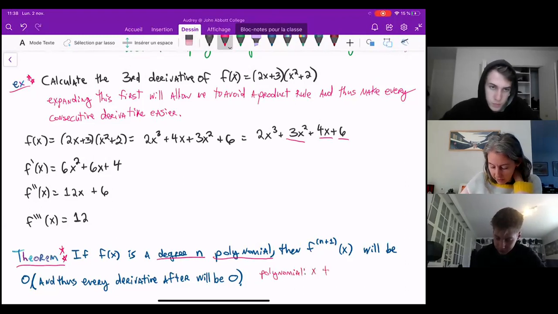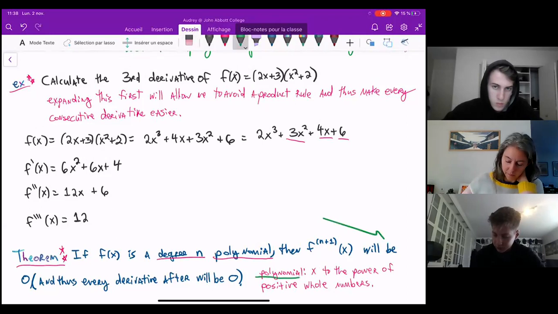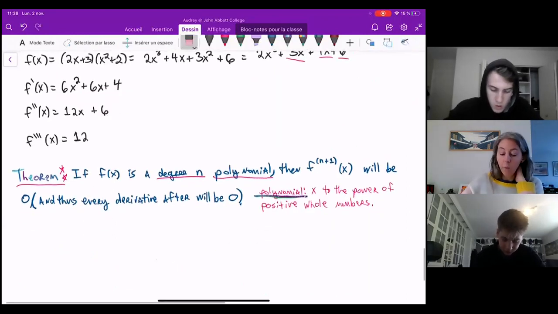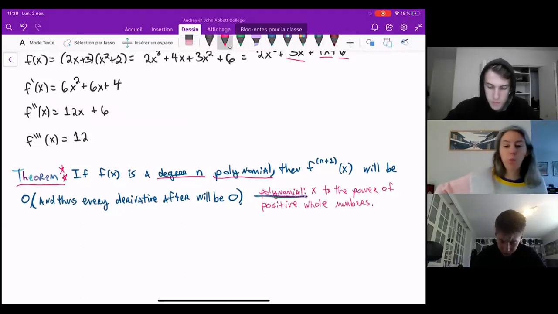So x to the power of positive whole numbers, which means technically that it can include constants.